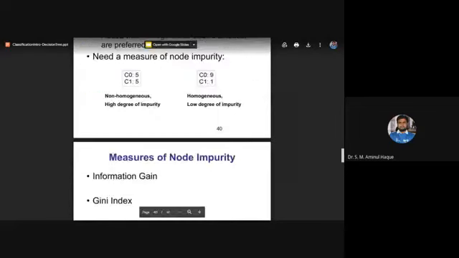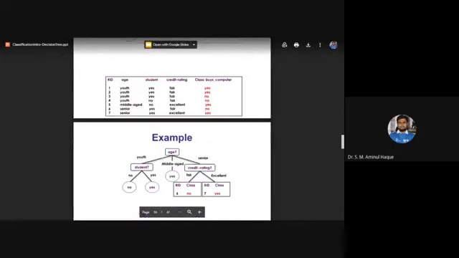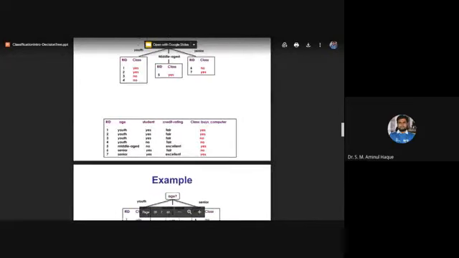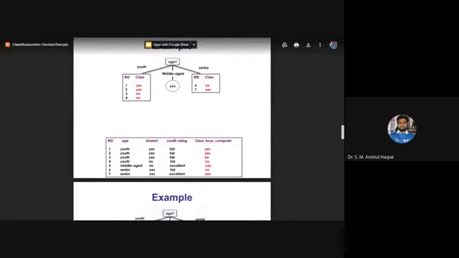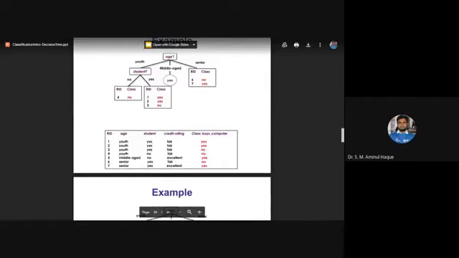For example, let me give you an example. The data set, where is the data set? Okay, you can just pick it from here. I'm calculating the entropy for the S attribute. If I calculate the entropy for the S attribute, how many levels are there?